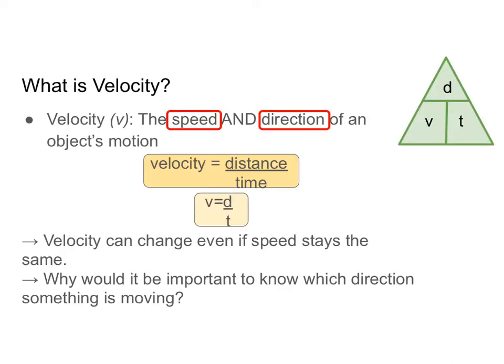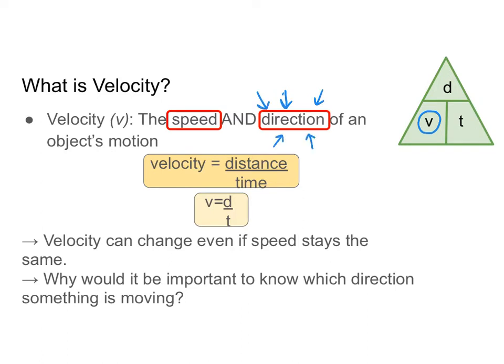Okay, so this equation is really familiar because it looks just like the speed equation. The only difference is that instead of S for speed, we're going to be using V for velocity. So if you look at this triangle over here, velocity is the speed, which is why the equation is the same, but it also includes the direction of the object's motion.